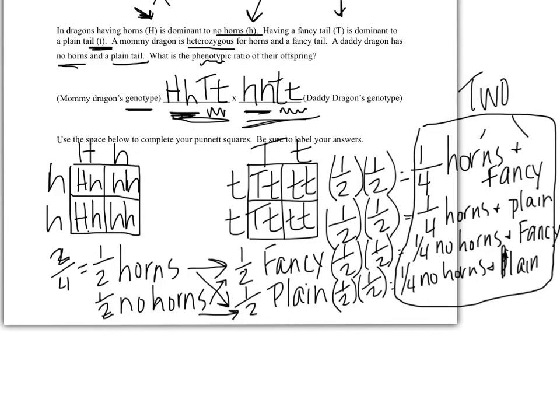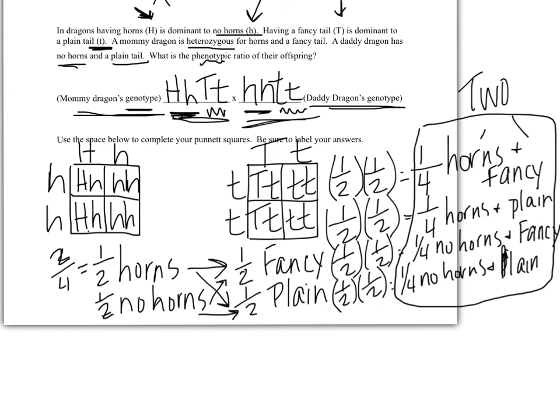Okay, so in summary, to figure out how to do dihybrid crosses, what you're going to have to remember is that you need to look at what the parents are. So figure out what their genotypes are for both traits.